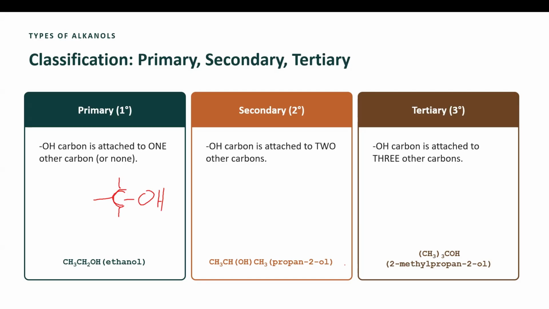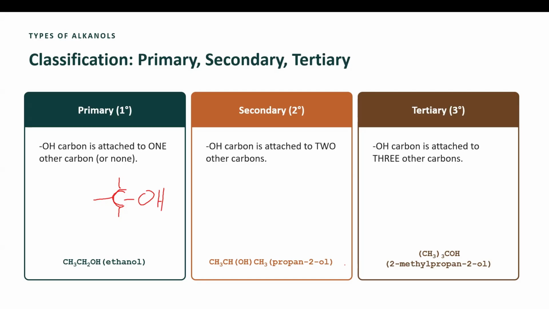This is our alpha carbon. If the carbon is bonded directly to only one other carbon or no carbon at all, I'm not talking about a chain of carbon atoms. The number of carbon atoms it is directly bonded to will tell you whether it's primary, secondary, or tertiary.